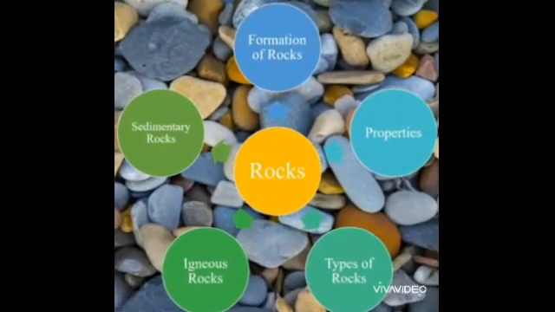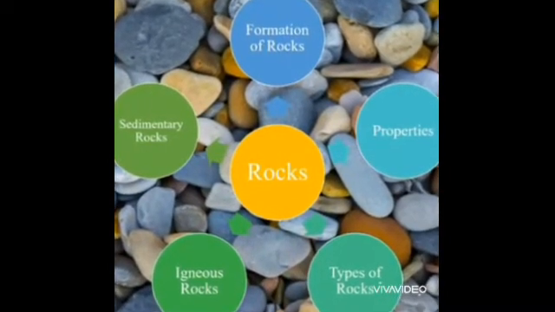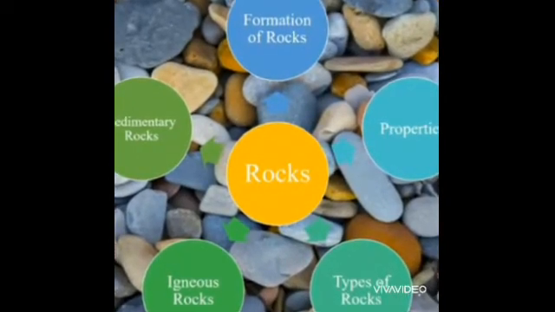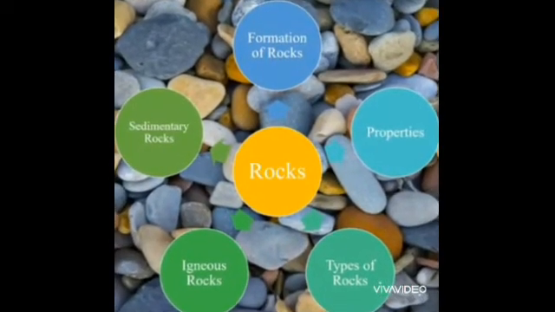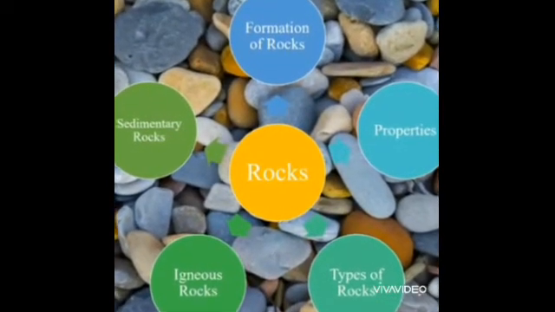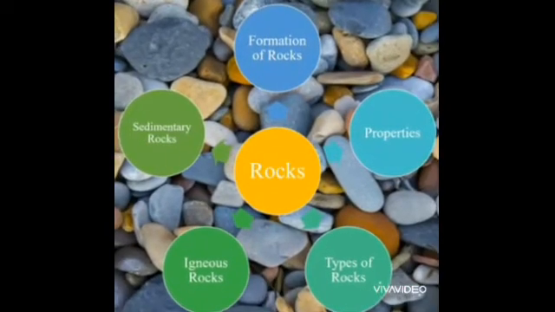Then we learnt about sedimentary rocks. We understood that rocks are eroded and washed away by wind and water, only to later get collected layer upon layer, which gives us sedimentary rocks.